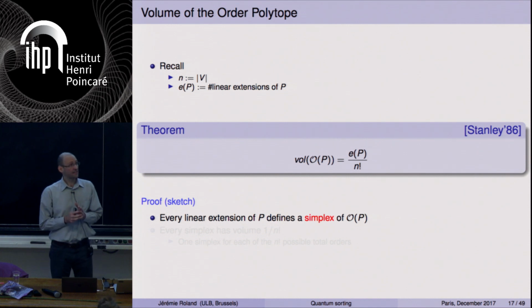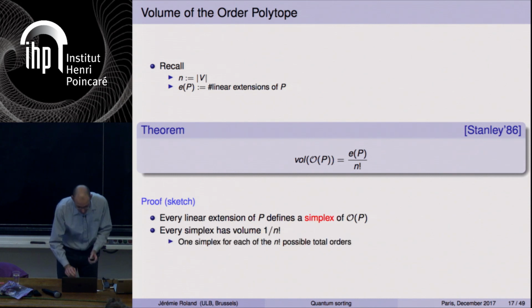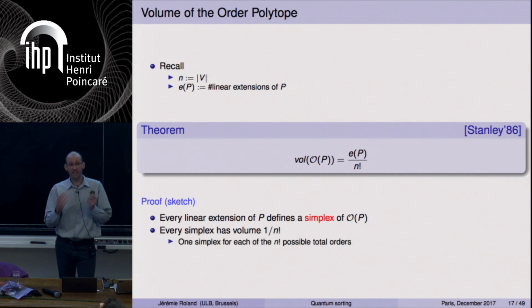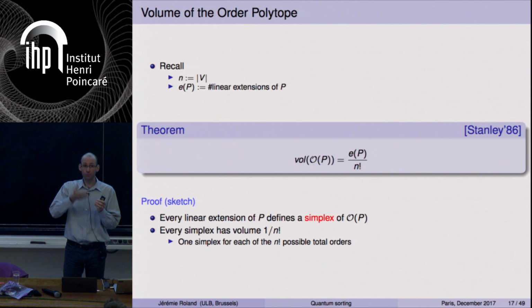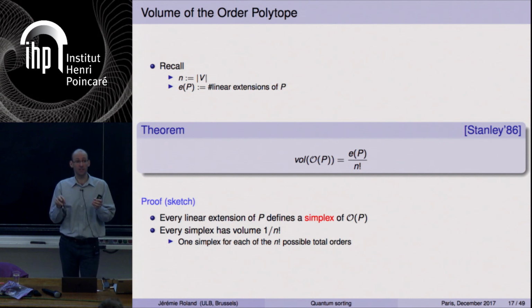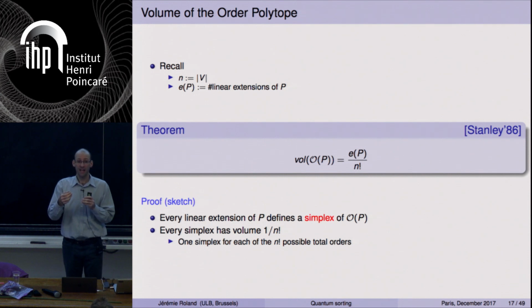The idea is that every linear extension of P, so every total order, if you want, defines a simplex of the order polytope. And every simplex has the same volume. Essentially, if you consider the full hypercube, the hypercube will be divided into all possible permutations, depending on the order of the coordinates. The hypercube will be split into all possible permutations, and there are factorial of n possible permutations.